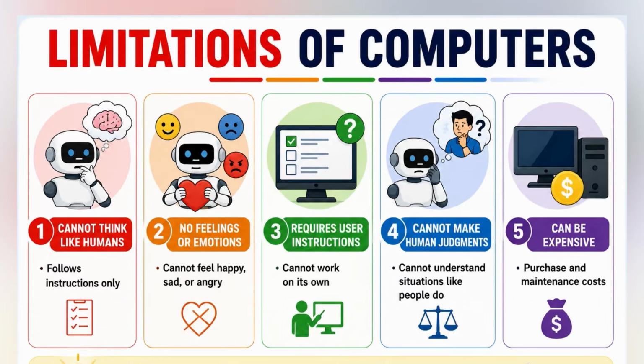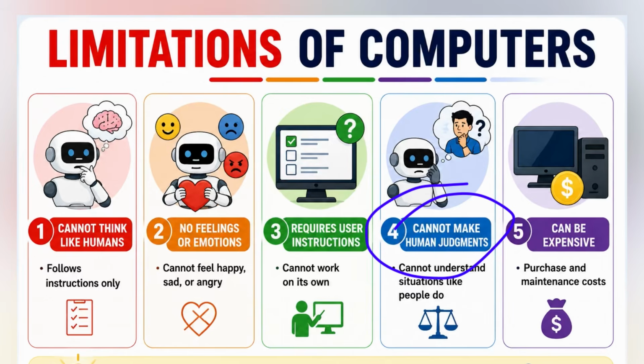It can only follow the instructions it has been given. Computers also do not have feelings or emotions. They cannot feel happy, sad, excited, or disappointed the way people do. Another limitation is that computers require instructions. If no instructions are provided, the computer simply cannot perform the task.